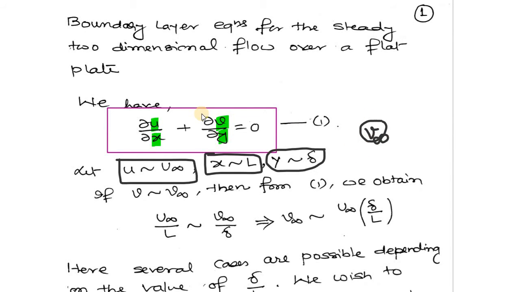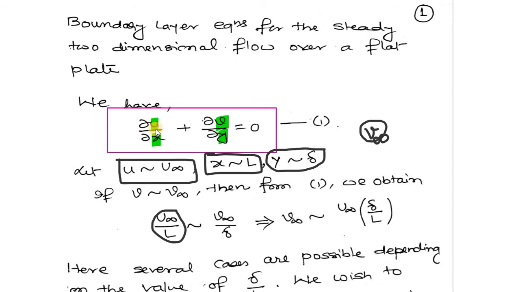Okay, now according to order of magnitude analysis, the order of magnitude of this del u del x term is u infinity upon L, and the order of magnitude of this del v del y term is v infinity. V infinity is the assumed order of magnitude of v, and what is the order of magnitude of y? It is delta. Now according to this continuity equation, the sum of these two terms is equal to 0.